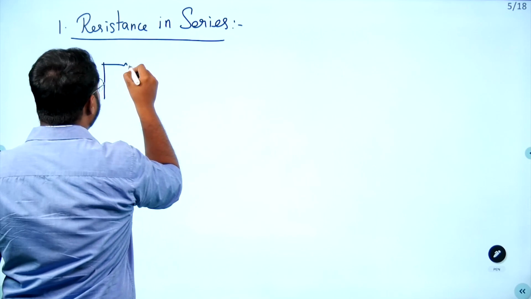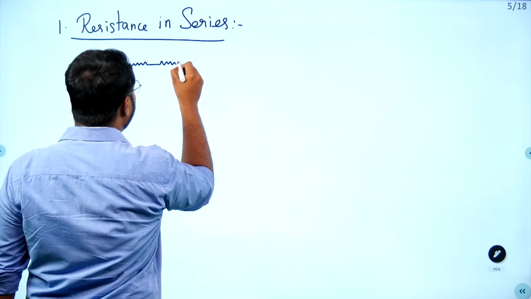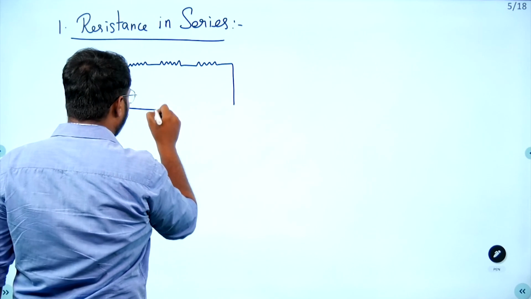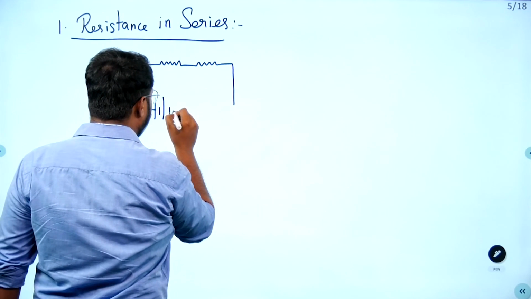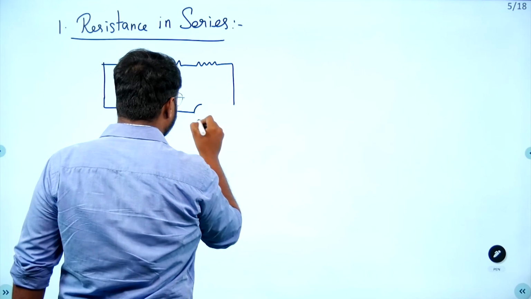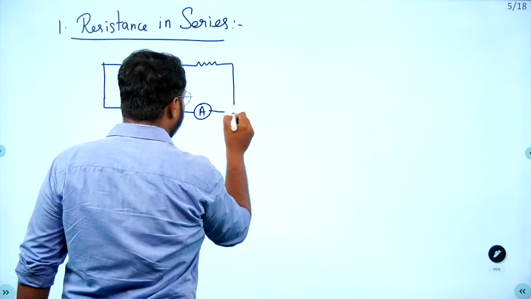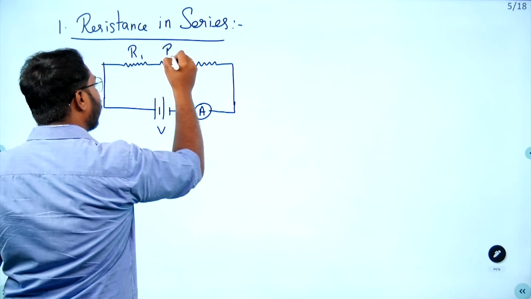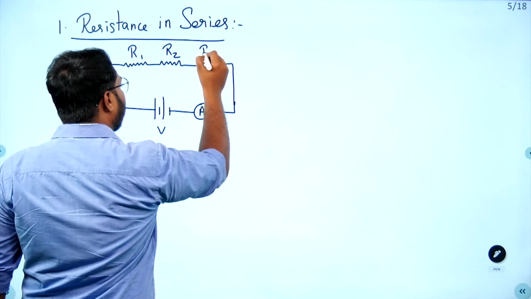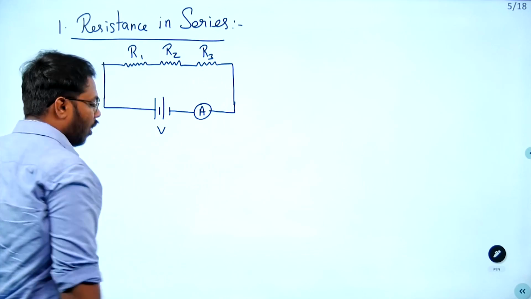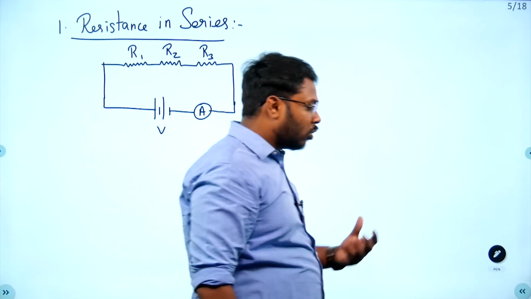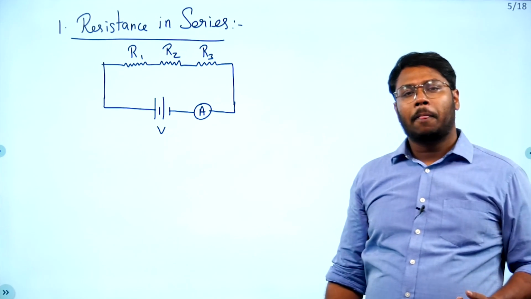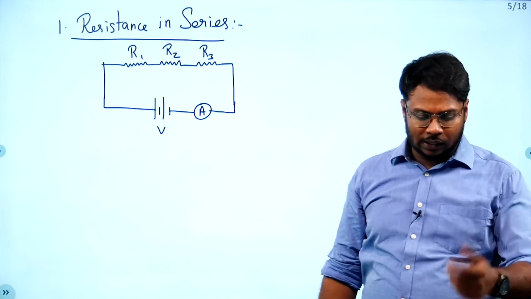See, this is a typical symbol that I use to represent my ready-made carbon resistance. Across it, I will be connecting a battery, and I will also connect an ammeter to measure the amount of current that is going to pass through it. Okay, R1, R2 and R3 are the resistances of these resistors, and we know that the unit of resistance is ohms.